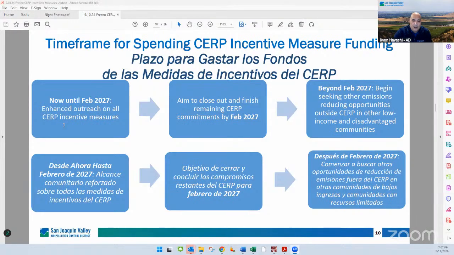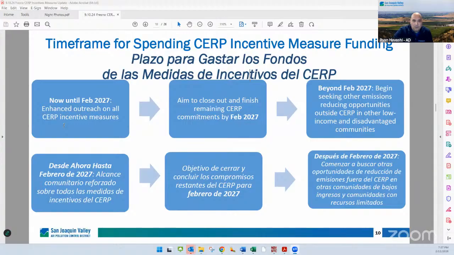There are definitely timelines by which it has to be expended, and we want to be upfront with everybody. The date is going to be February 2027. So over the next 365 days, that's what we're working towards to spend that last chunk of funding.